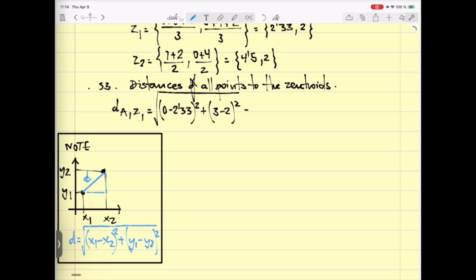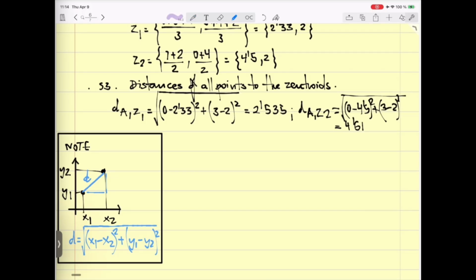So this is 2.535. The distance between A and Z2 is the square root of 0 minus 4.5 squared plus 3 minus 2 squared. This equals 4.61.